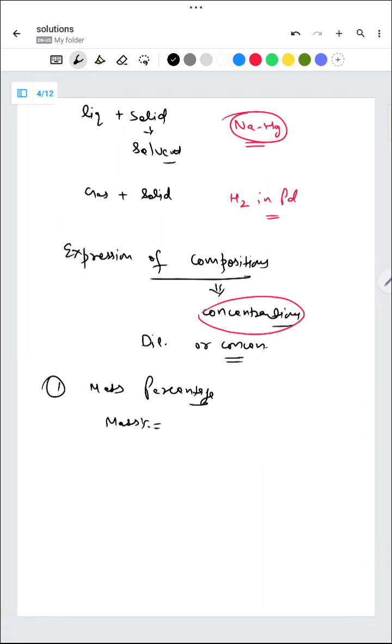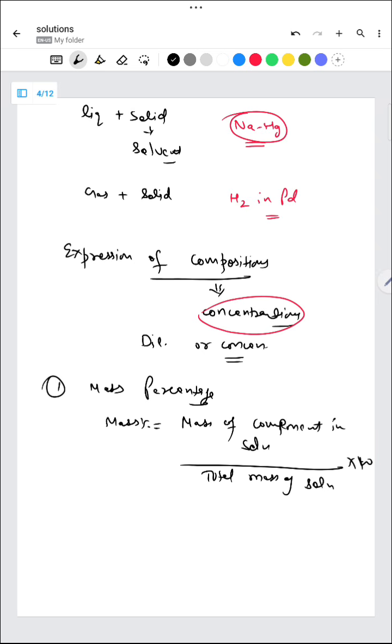Say I am saying 2 gram of glucose is dissolved in water, so the lesser amount here is 2 gram, and it will act as the solute. So the mass percentage of a component will be the mass of component in solution divided by total mass of solution, into 100.